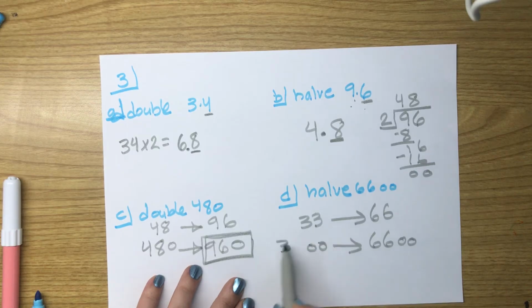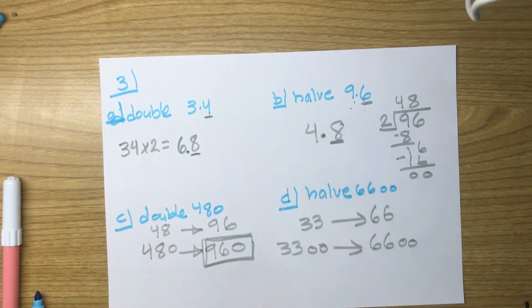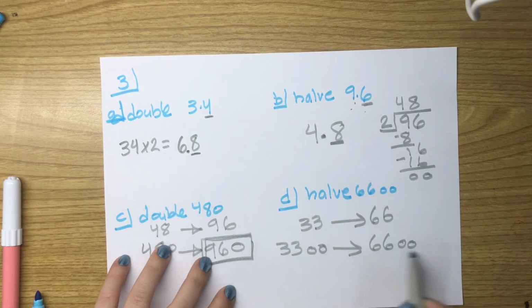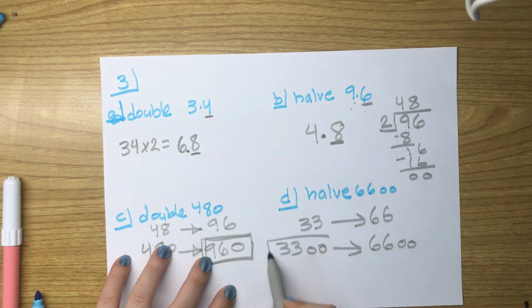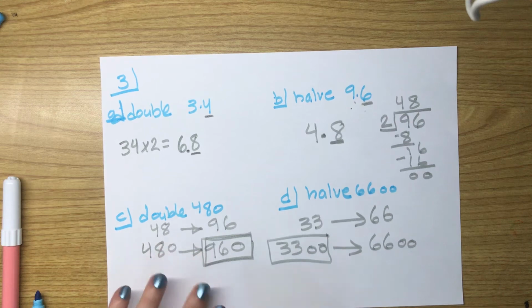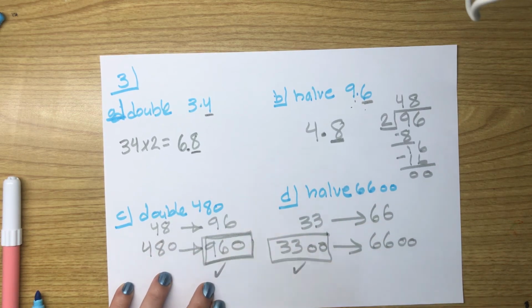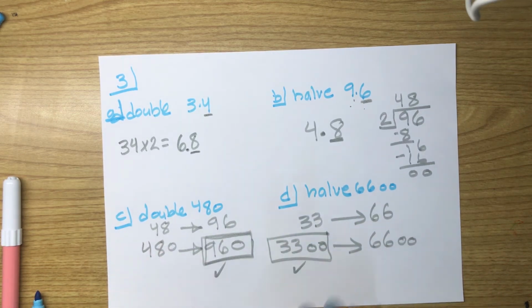That means 3,300. Double it to get 6,600. So the half of 6,600 is going to be 3,300. So this is the answer for these two questions.